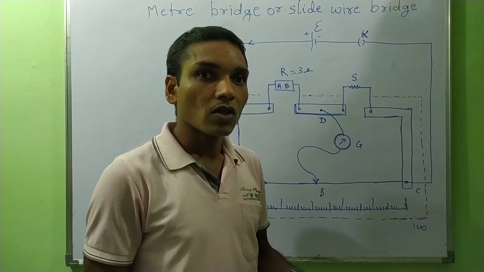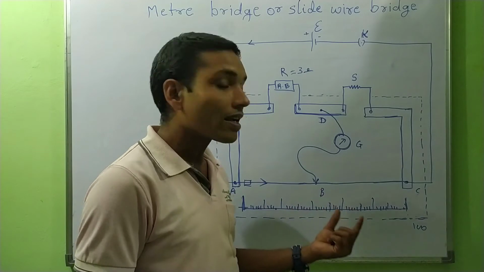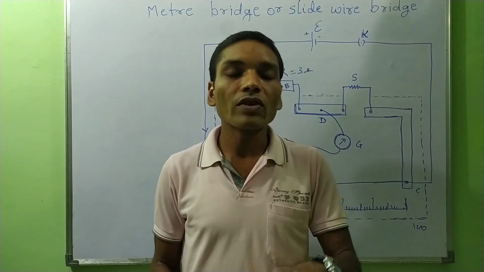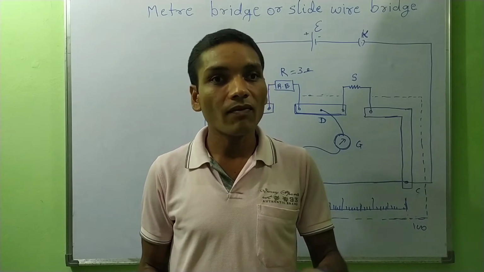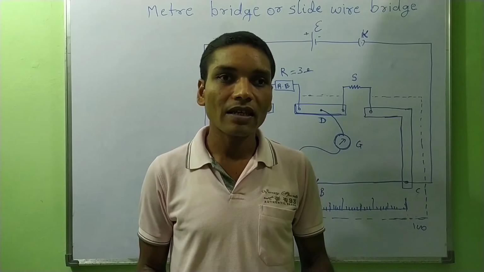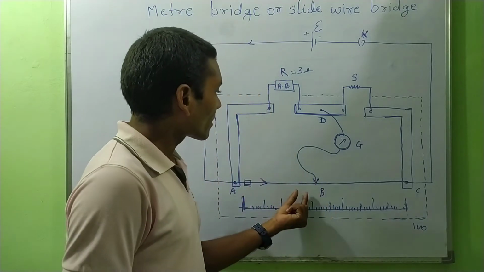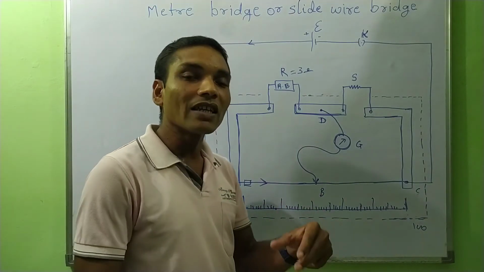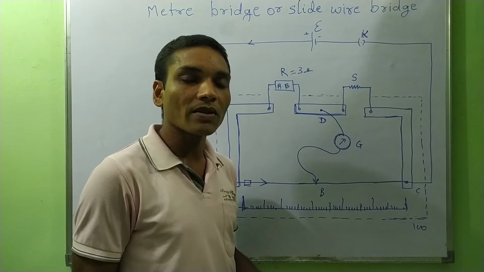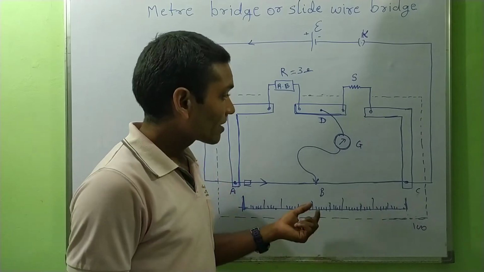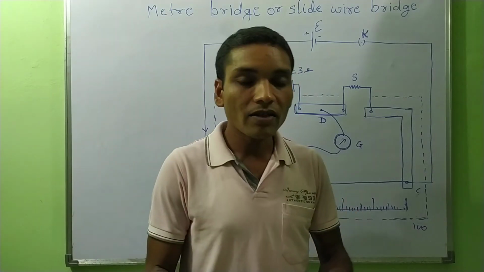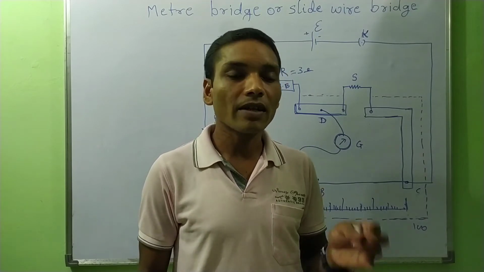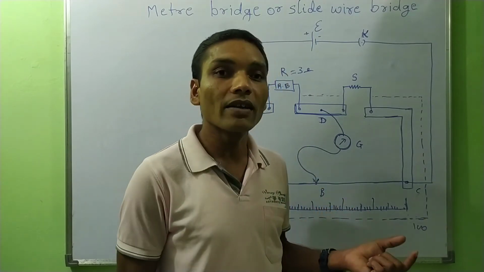Okay, so that's why this alloy is taken, because the temperature coefficient of alloy is very low. That's why if the temperature is increased by some degrees Celsius, the resistance of this wire does not change with the increase in temperature.